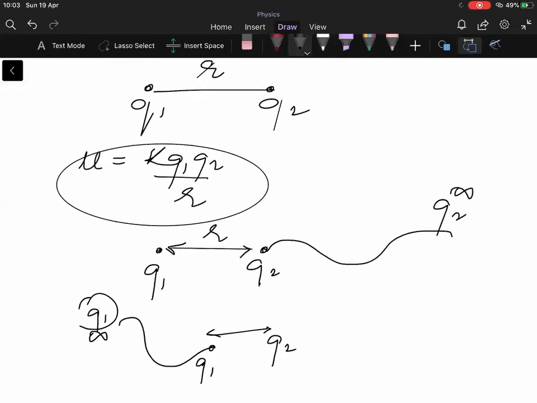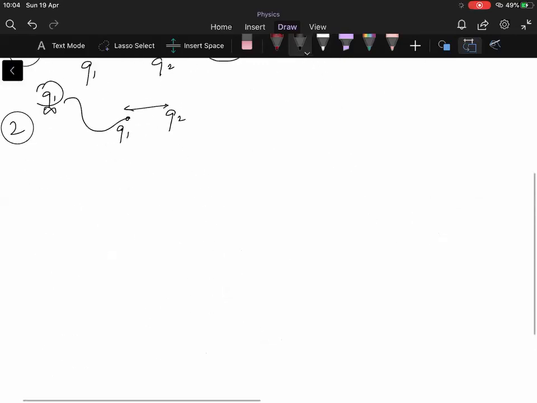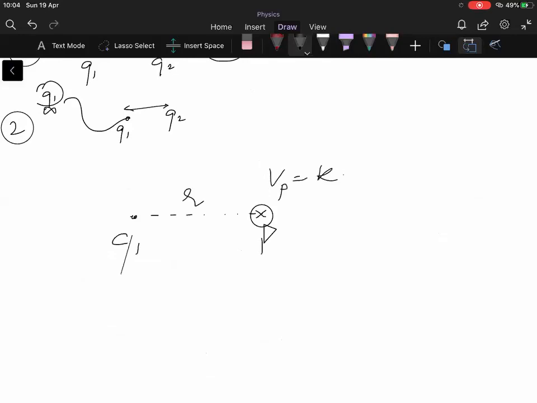Now, what is the difference in this case and in this case? The difference is, let's say you already have a q1 here, you calculate the potential of a point p due to this charge q1 at a distance r. तो इसका potential कितना होगा? k q1 by r.